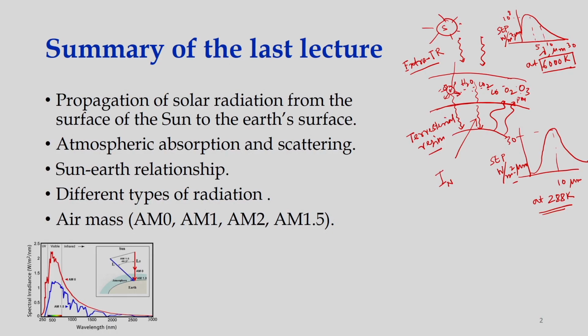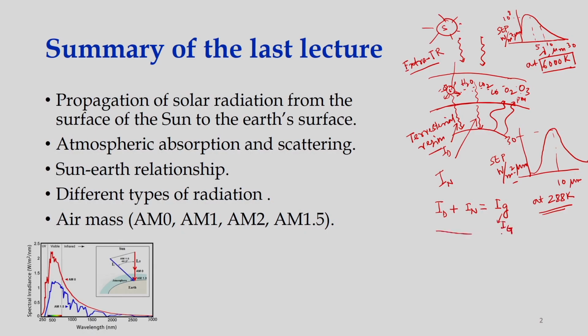When radiation is scattered because of the aerosols present in the earth atmosphere, its intensity reduces. This is known as diffuse radiation. When we add diffuse radiation plus normal radiation, it becomes global radiation, which we can represent as capital IG.